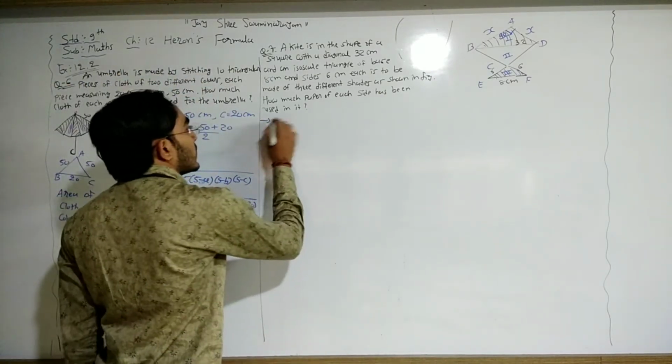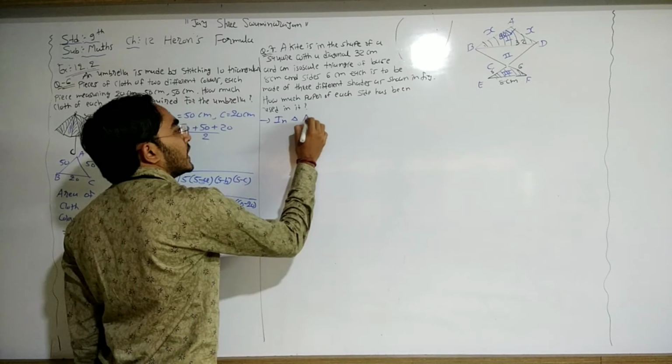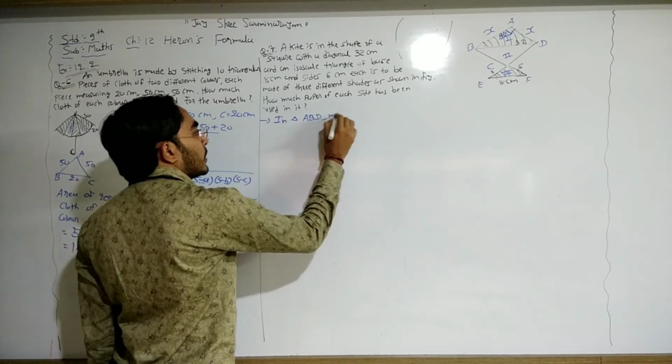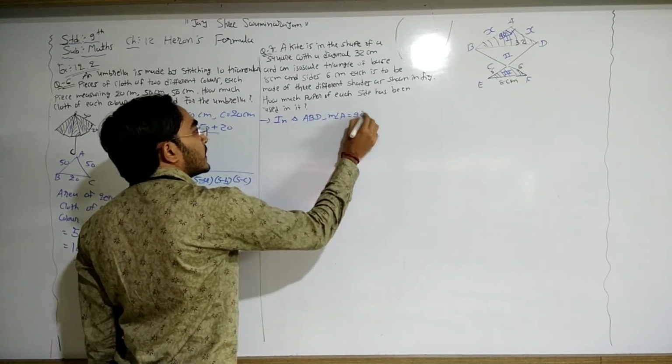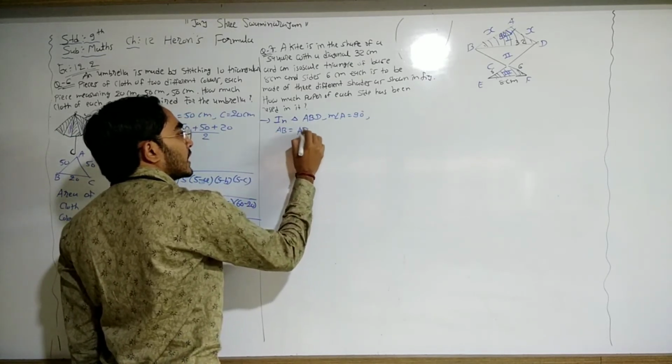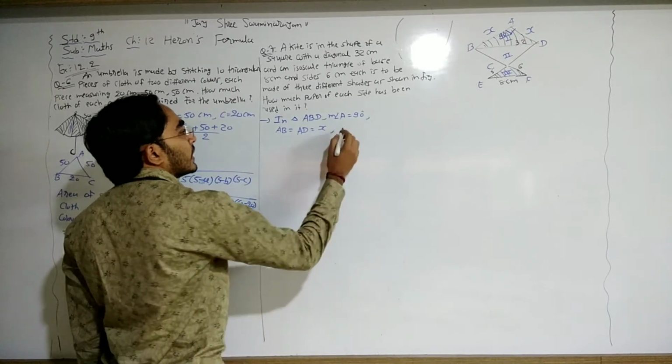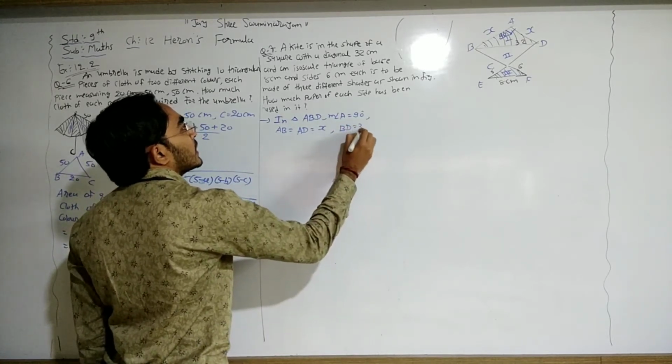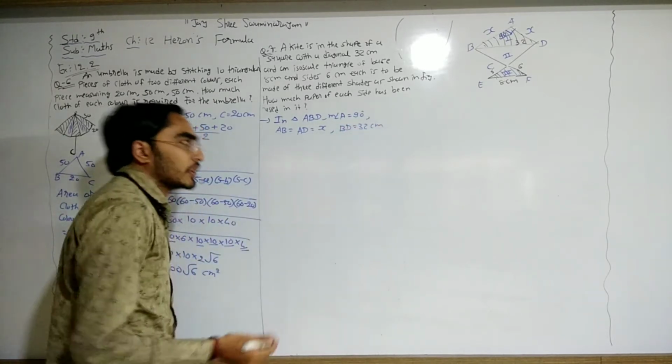So in triangle ABD, the measurement of angle A is equal to 90 degree, AB is equal to AD is equal to x and BD is equal to 32 centimeter.